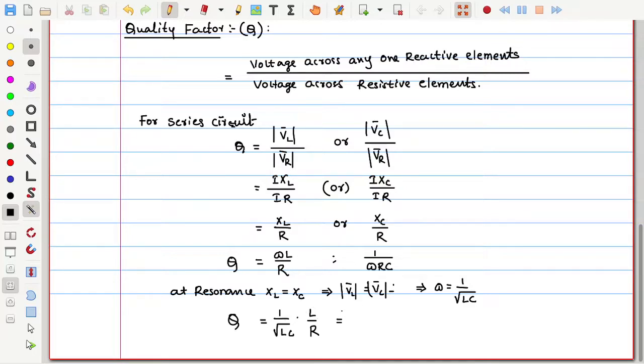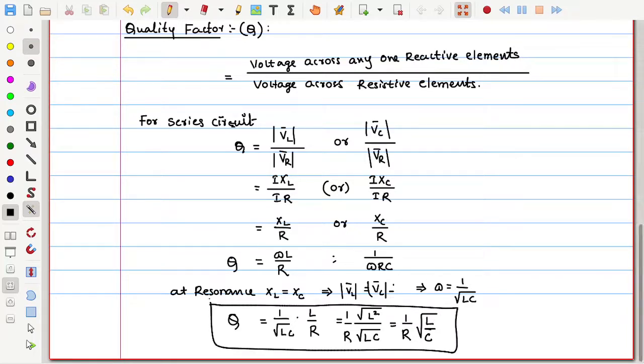This L can be written as square root of L square divided by square root LC, so LC into 1 by R, bringing this R to the front. As a result you can see 1 by R square root L by C. This is the quality factor in terms of RLC parameters: 1 by R square root L by C.